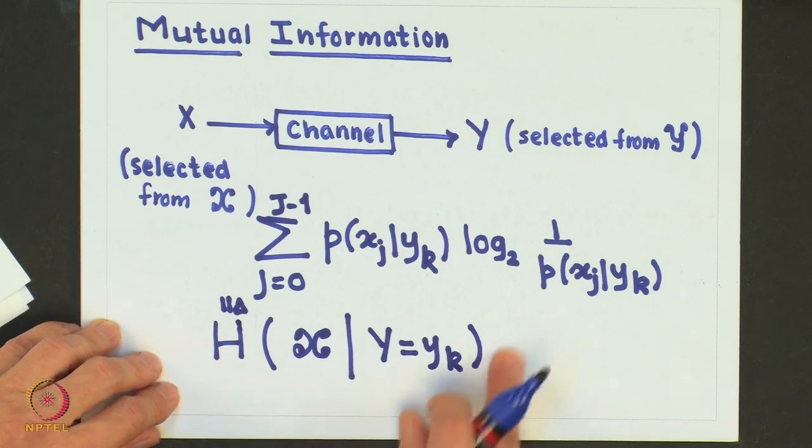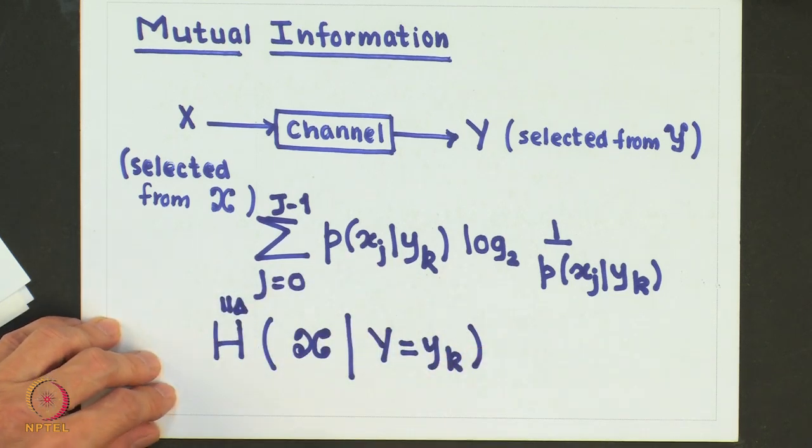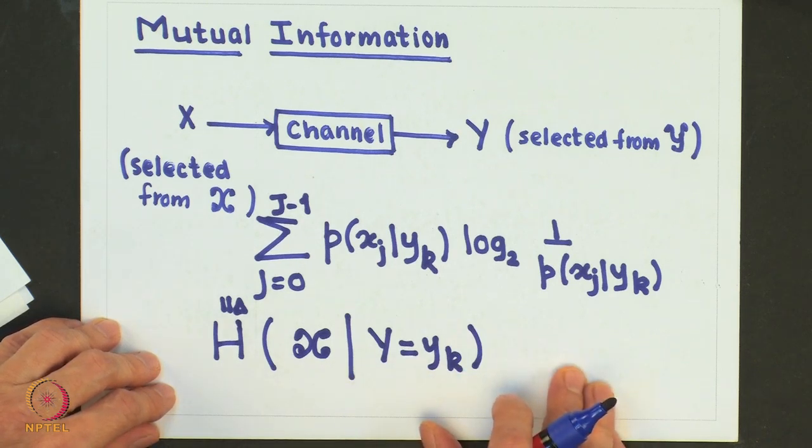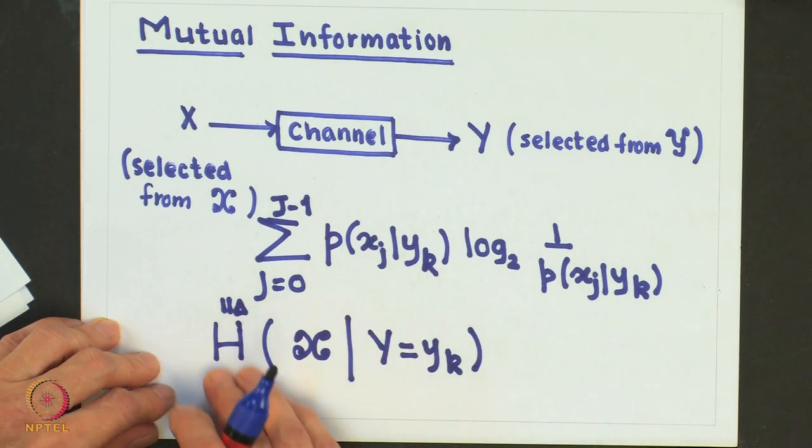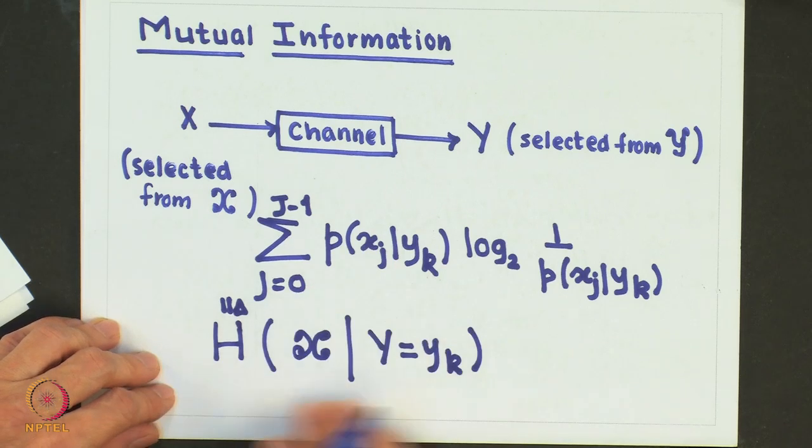Now, this quantity itself is a random variable and it will take different values. So, in principle, we should be able to calculate the average value of this, and this we will discuss in the next class. Thank you.